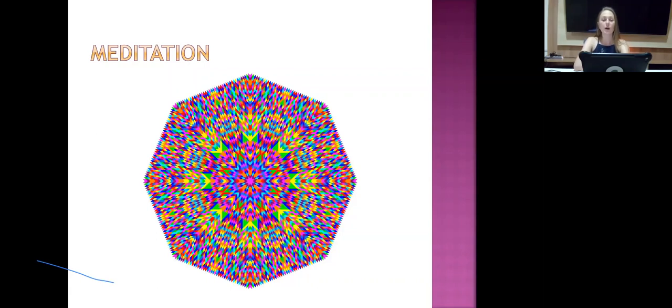And when you open your eyes, you start to look in the center of your mandala. You start to connect with the center of this mandala.